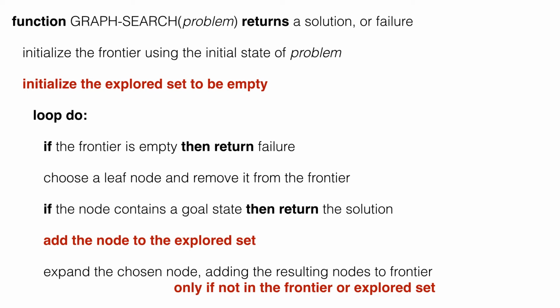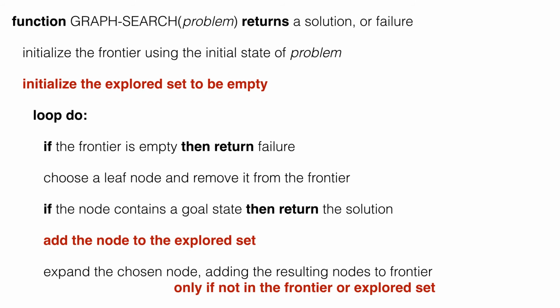If they're in the explored set, there's no reason to add them to the frontier because you've already visited them, so you don't get any benefit by looking at a state again. Furthermore, if it's already in the frontier, there's no reason to add it again, because then there are repeats in the frontier, which is not actually that bad a thing, but it's a waste of resources, a waste of memory, and a waste of time.